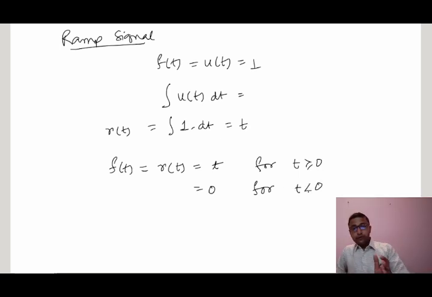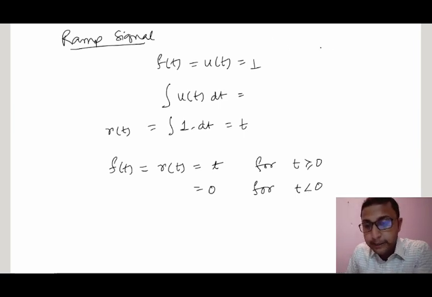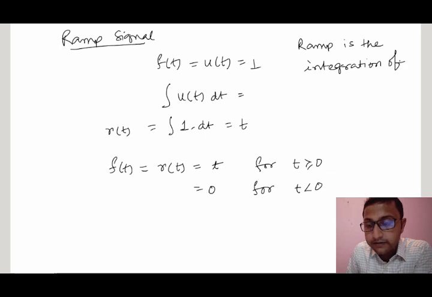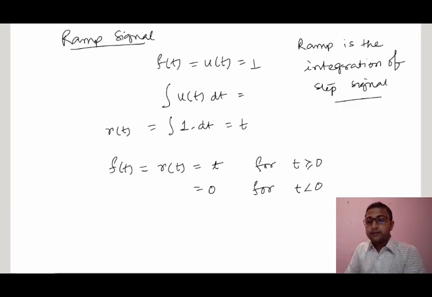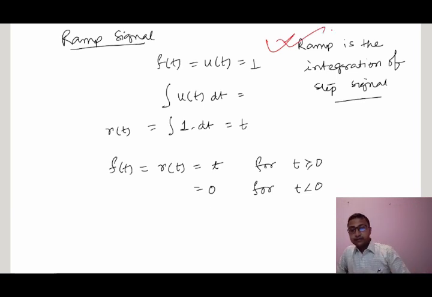Okay, so ramp signal is basically a very important point. Ramp is the integration. It is a very important point for MCQ questions. Integration of step signal, nothing else. If we integrate a unit step signal, we find the ramp signal.